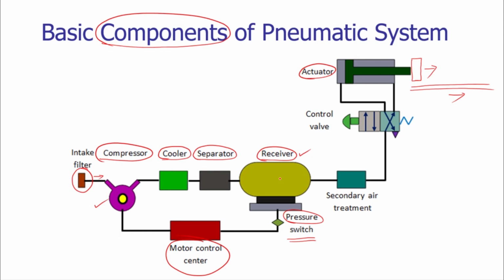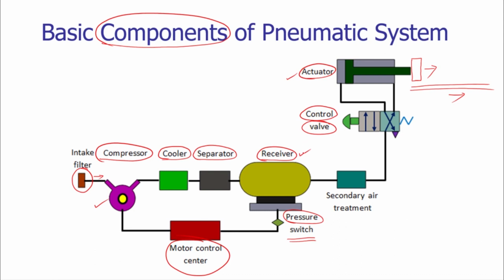So to get it, we need the actuator, and to control the flow of this compressed fluid to actuate the actuator, we need the control valves. As we have seen in our previous lecture as well, the direction control valves are essential.